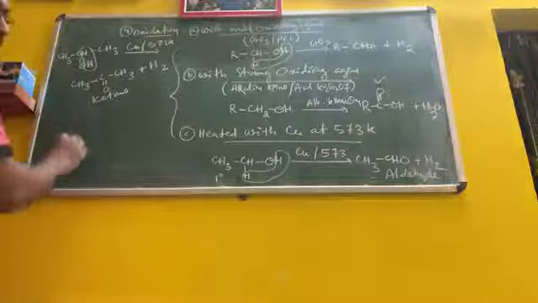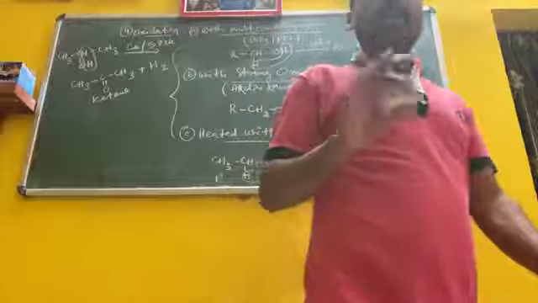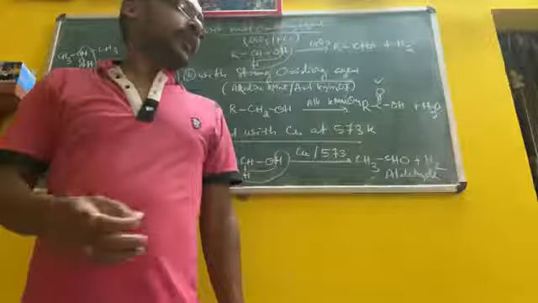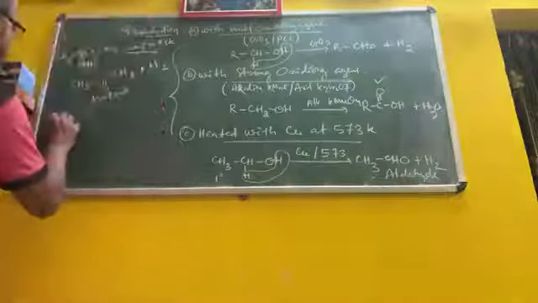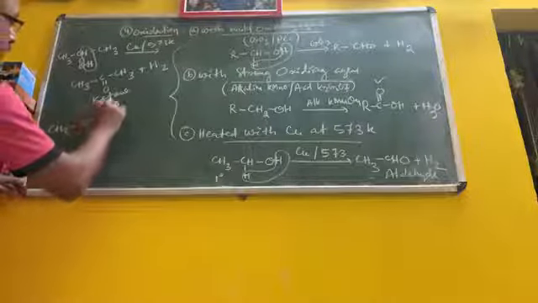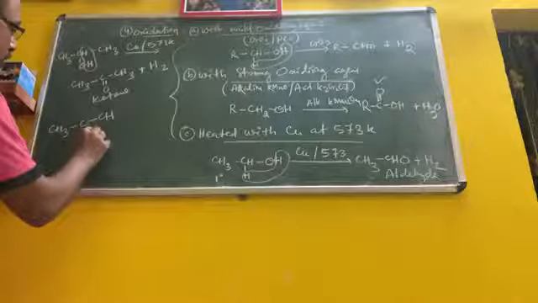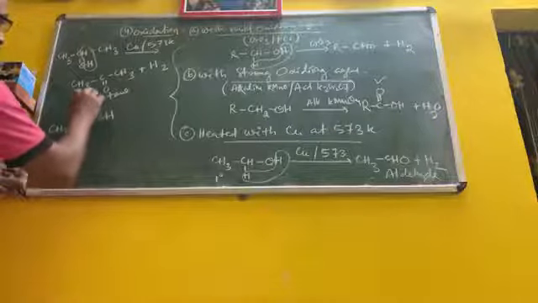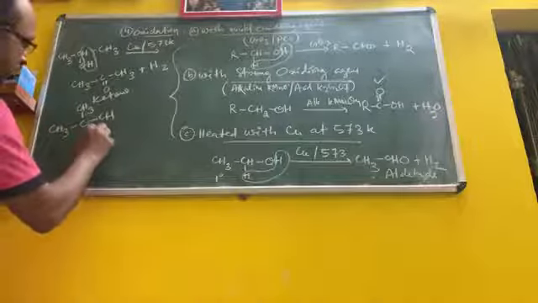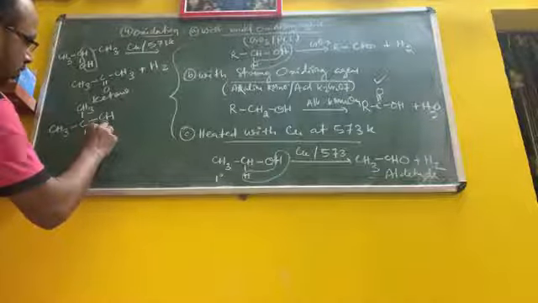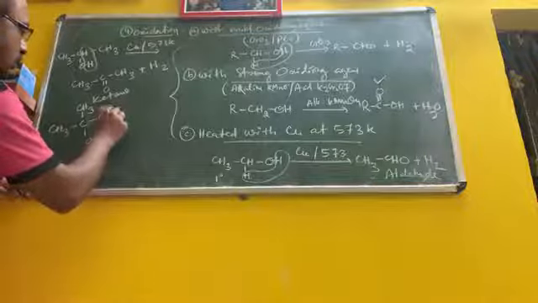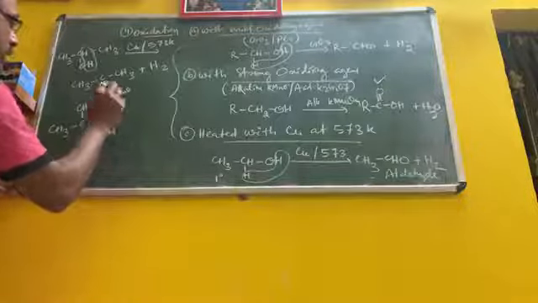Then tertiary. Tertiary is the important one. This is most important. Okay, it comes maximum times in the examination. Okay, tertiary: CH3, CH3, like here OH, then CH2, H, right?